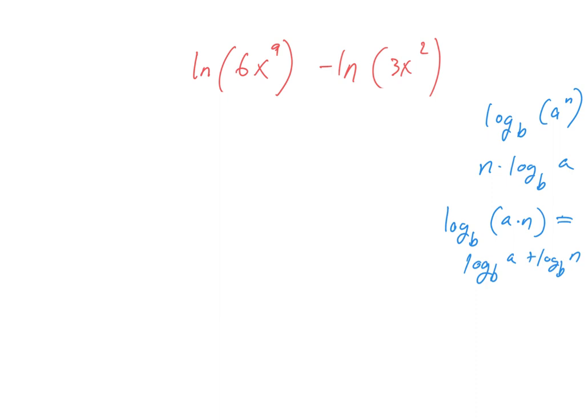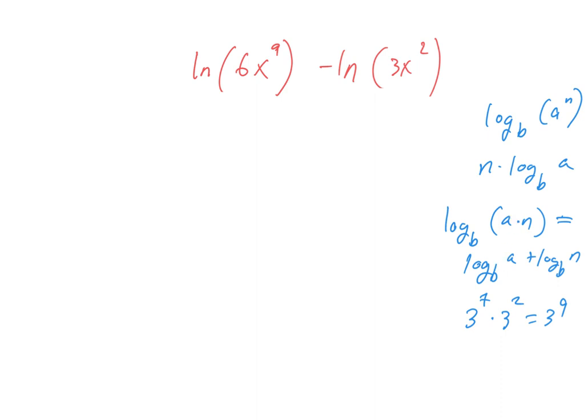Remember 3 to the 7th times 3 squared is 3 to the 9th. That's the same idea. And because logarithms and exponents are basically inverse operations, when we add logarithms, we're really multiplying. It's the same principle.